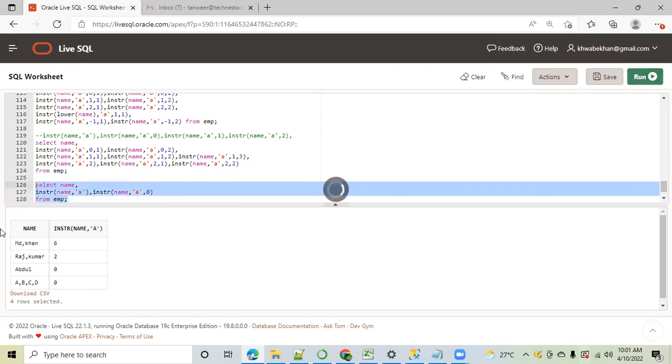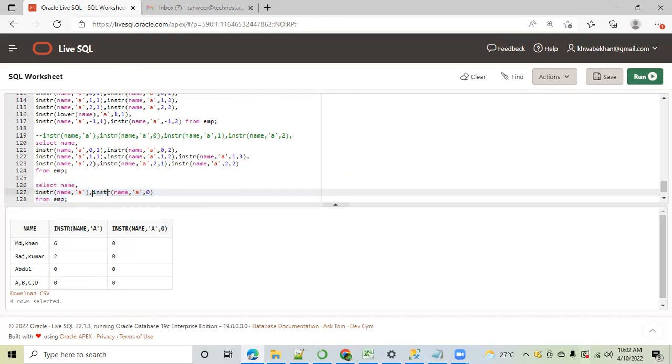Now you have to tell me why this is giving me 6200 and this is giving 0000. What is the reason? The first one is showing the first position of A. Here, I have told you that if I am keeping the third argument as 0, it will give you 0 output. Is this clear? Yes. Okay.